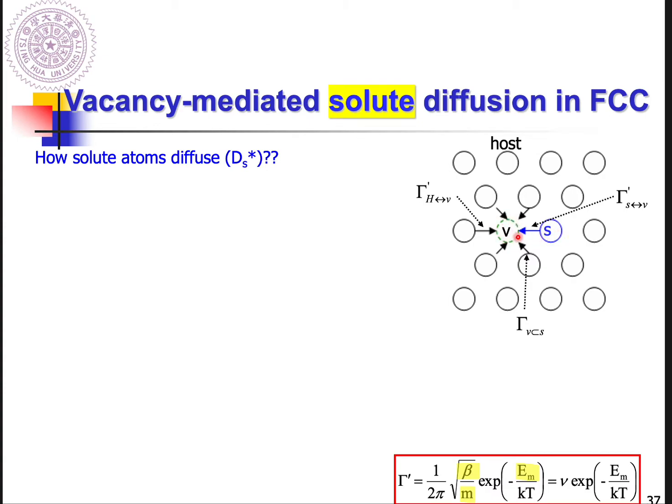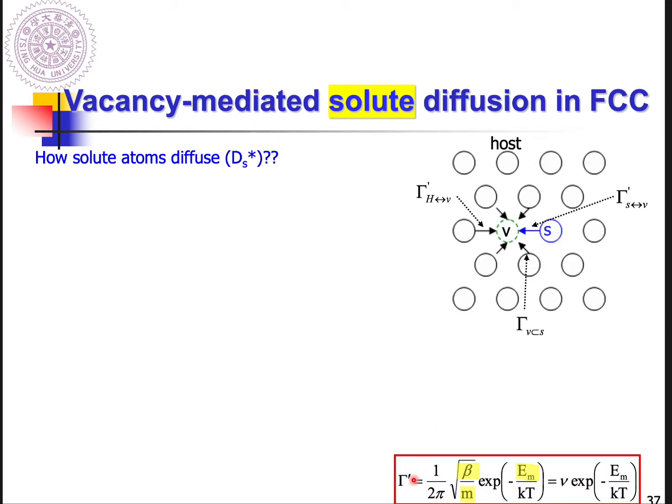And we assume there's a vacancy nearby. We call it V, meaning the vacancy site. So here, in order to obtain the diffusivity for this solute atom, first of all, you need to figure out how many kinds of atomic jump rate show up in this case.